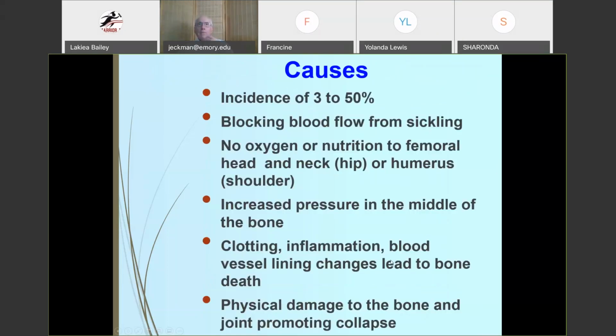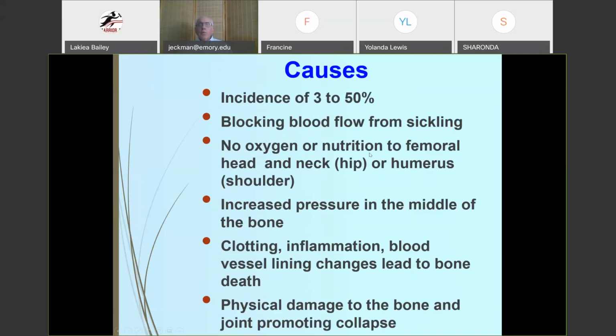So AVN is relatively common. The incidence has been looked at in large populations, and it's from 3 to 50% of individuals, depending on the studies. It occurs because of blocking the blood flow from sickling, and the blood supply to the head of the femur and the head of the humerus, which is the main shoulder bone, is really very tenuous.